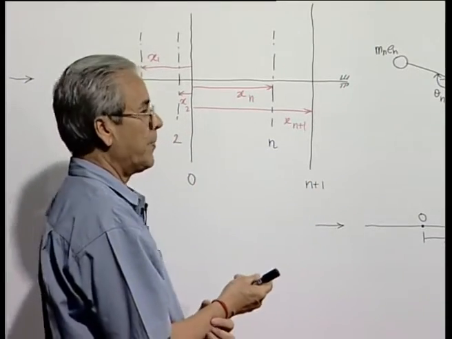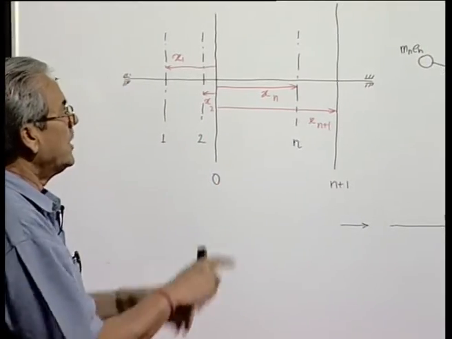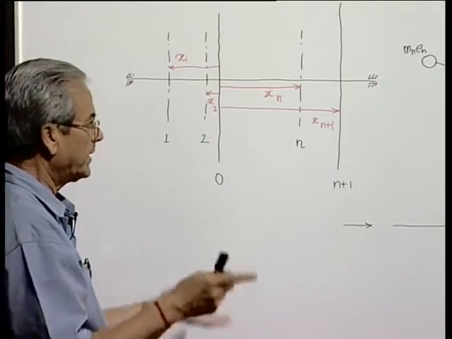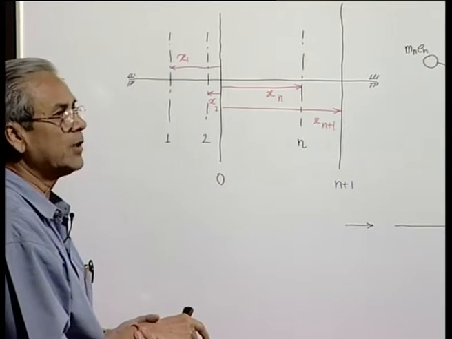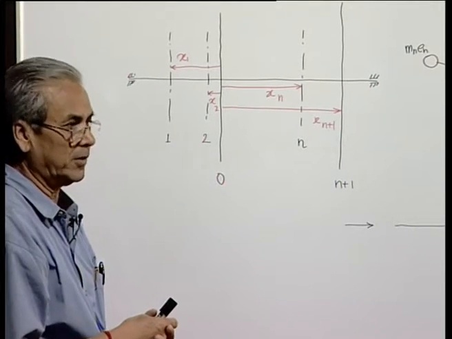So, when you draw a vector diagram, the resultant is 0 if it leads to a closed polygon.